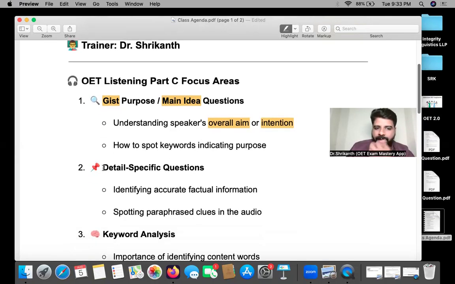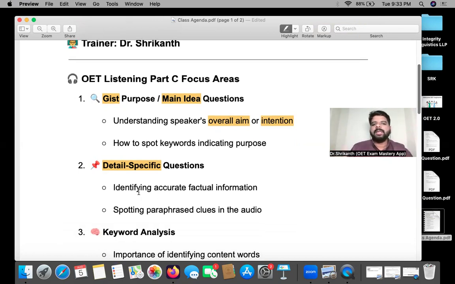Then we'll be discussing detail specific questions. Detail specific questions mean one specific detail, just one. In gist questions, it is all the details, and we can make it into one particular statement. But in detail specific questions, they will be asking you to focus on just one particular fact, just one accurate piece of factual information.